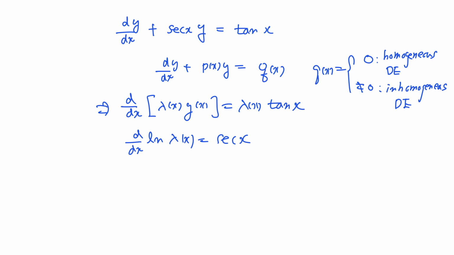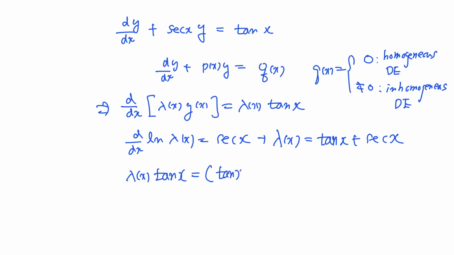So we know lambda(x) already: in this case lambda(x) is tangent x plus secant x, right? How about lambda(x) times tangent x? Which is tangent x plus secant x times tangent x, which is tangent square x plus secant x tangent x, right?